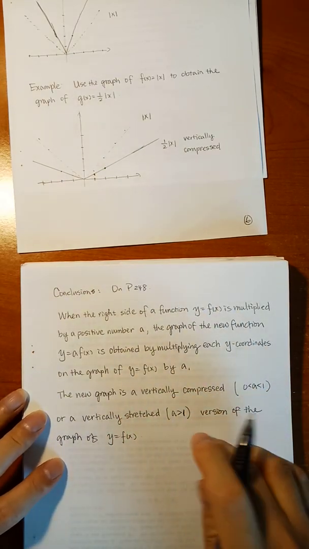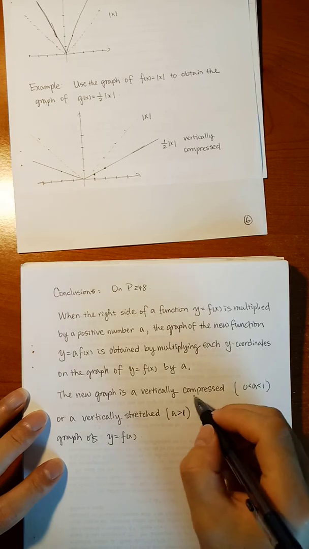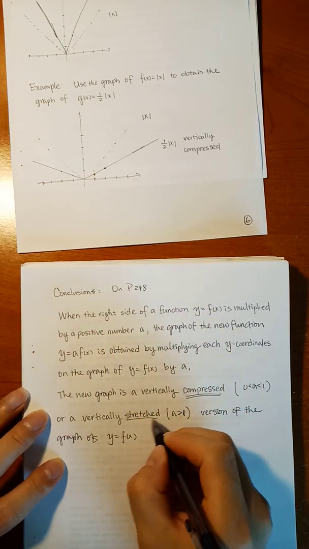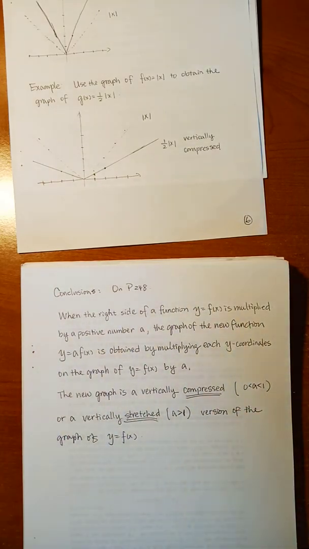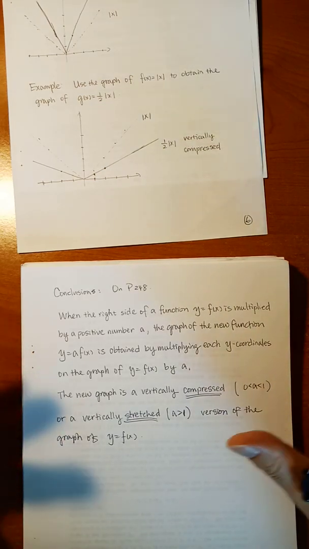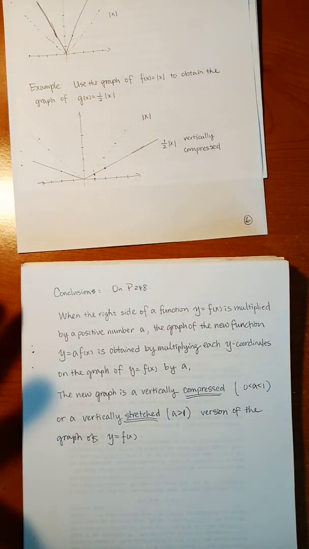So the second sentence is actually just a name, how we call it. If A is between 0 and 1, we call it vertically compressed. If A is greater than 1, we call it vertically stretched. Okay, that's just a name.